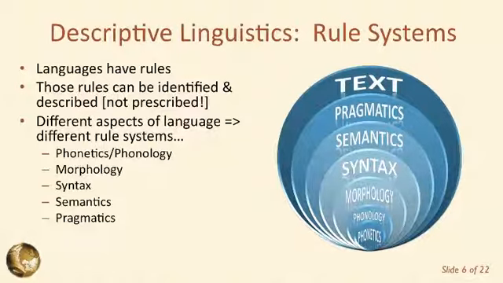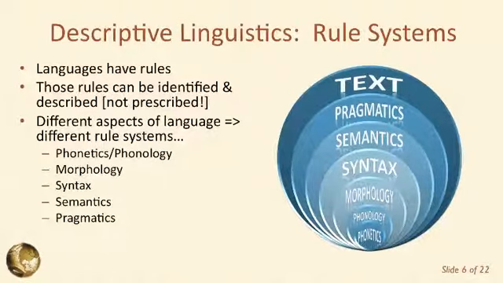The first is that we assume in linguistics that languages have rules, that those rules can be identified. That's one of the things that field linguists do, for example, with new languages, and that those languages can be described, that rules can be established. Descriptive linguistics is not prescriptive linguistics.